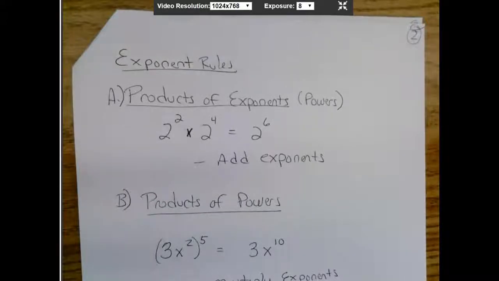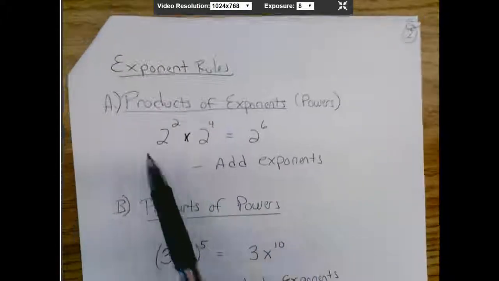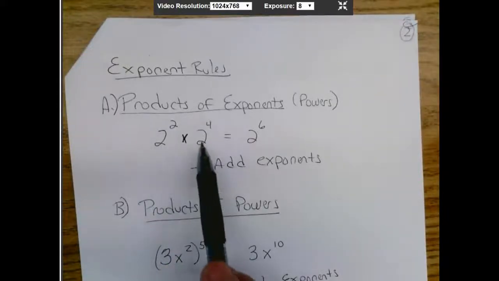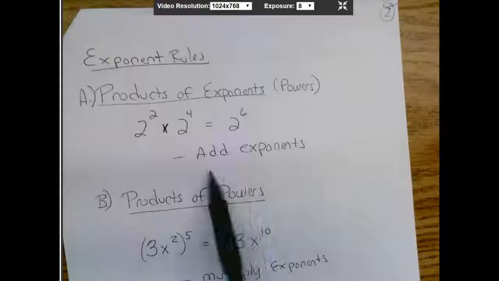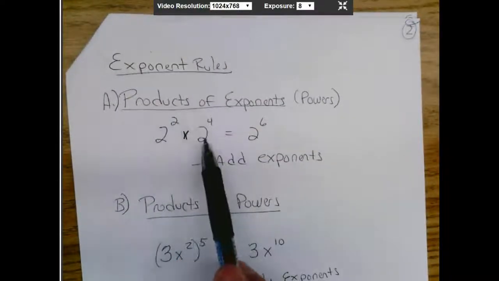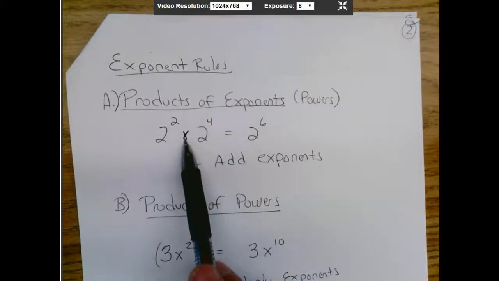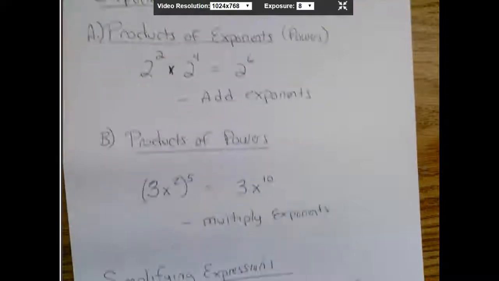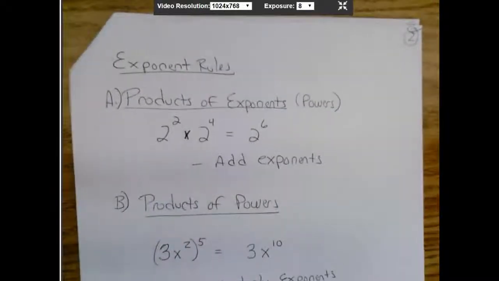But we're talking multiplication. So when we have two monomials and we're multiplying them together and they have exponents, what we do is we add the exponents. So we have 2 to the second power, 2 to the fourth power, we multiply them together, we then add the exponents and we get 2 to the sixth.